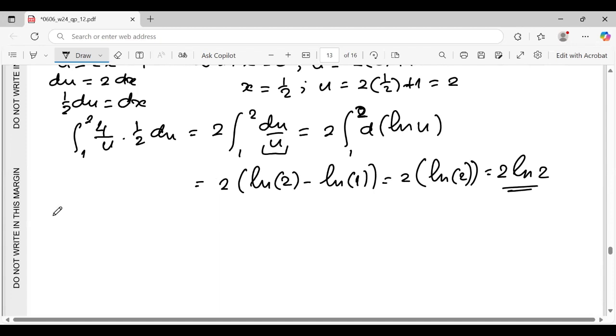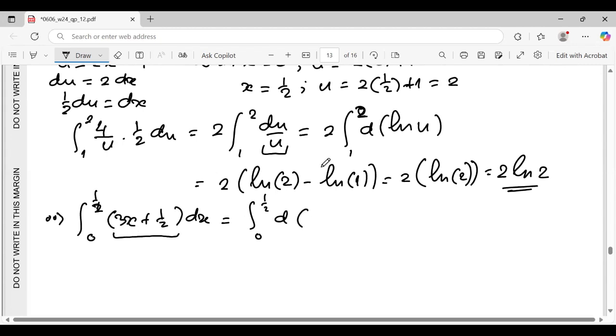And the second integral is the integral from 0 to 1 half of 3x plus 1 half dx. The integral of this integrand is 3 half x squared plus 1 half x.